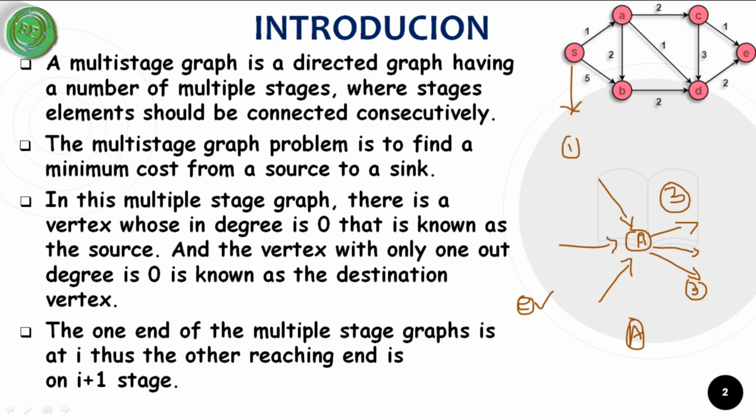The next node is A, which is at stage i plus 1, that is 2. So in a multi-stage graph, the other end that a node has to reach is at stage i plus 1 in the backward approach, and in the forward approach it is at stage i minus 1. When discussing the approaches in a multi-stage graph, you may understand it.